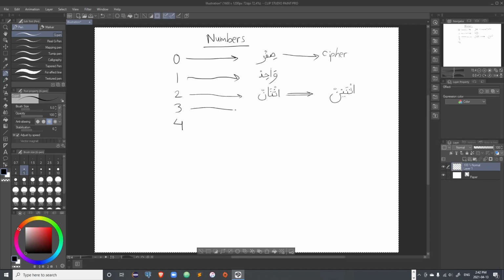Number 3 is, and as you can see, it looks similar to ithnayn, the day, and wahid is similar to ahad. 3 is thalatha, similar to thulatha. Thalatha, which means that this is a tied ta.